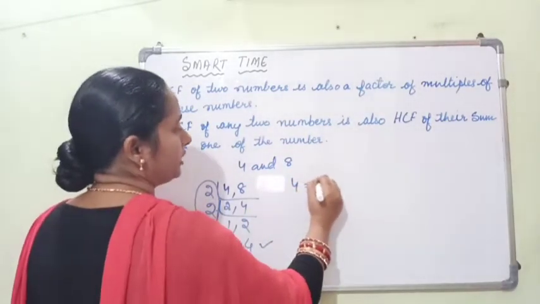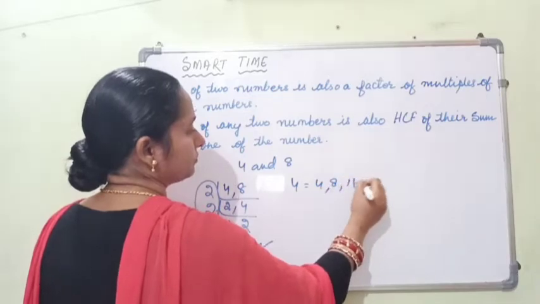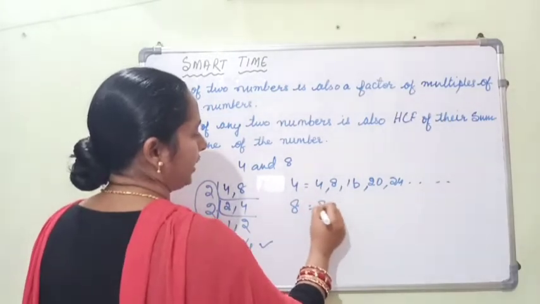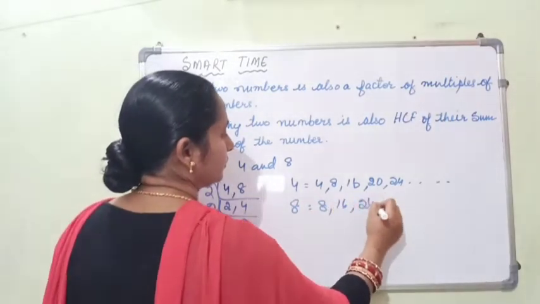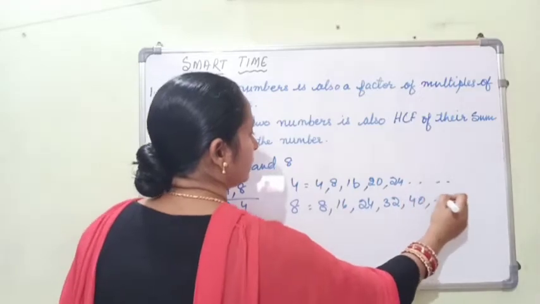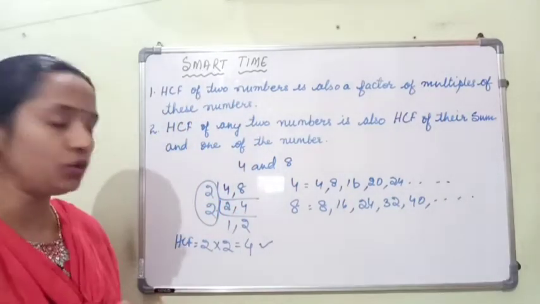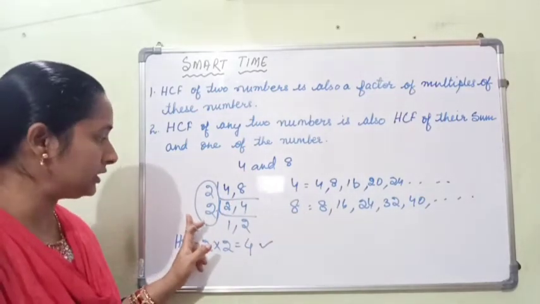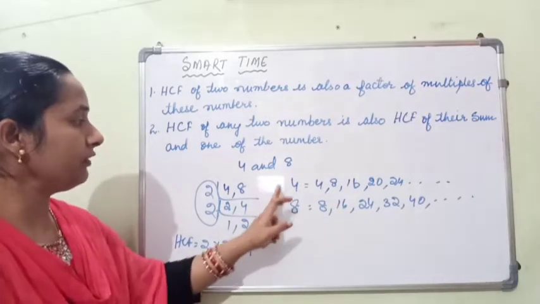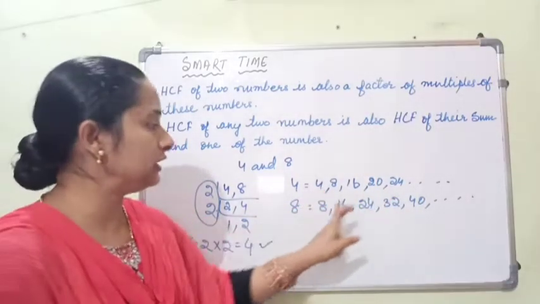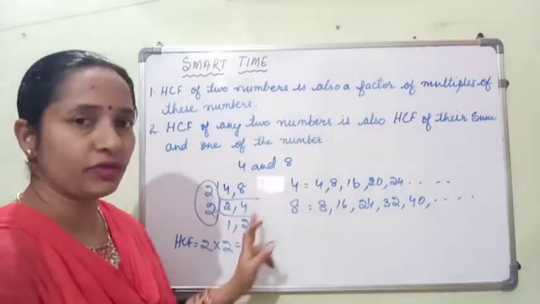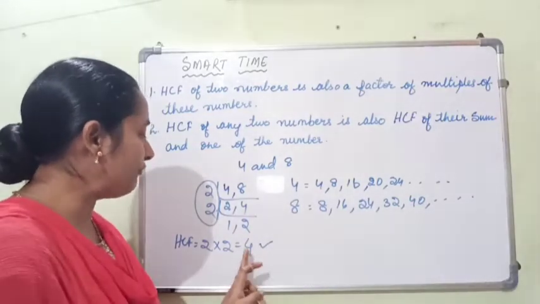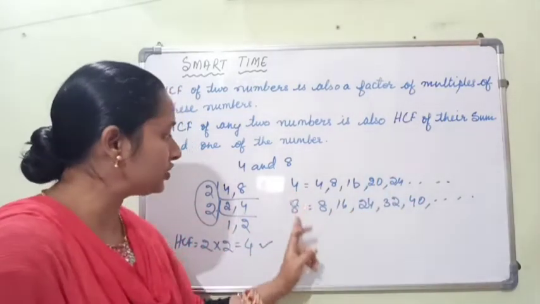It means if you write the multiples of 4 and the multiples of 8, then when you find the HCF of any two numbers and observe all the multiples of these two numbers, you will find that this number 4 is a factor of all the multiples of these two numbers.